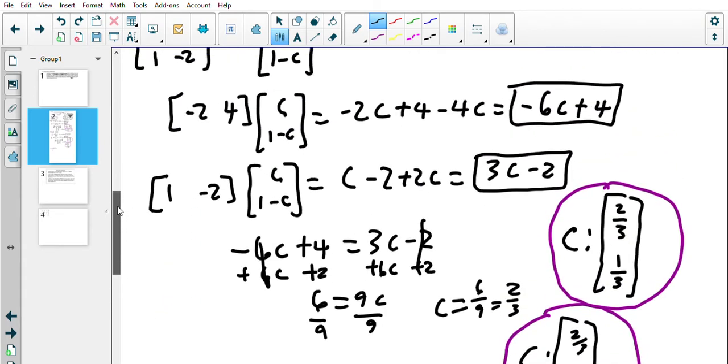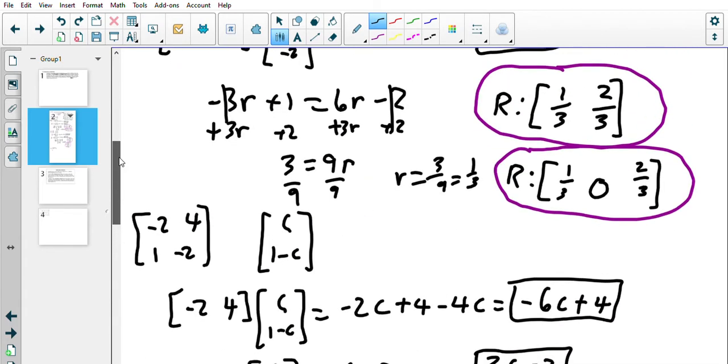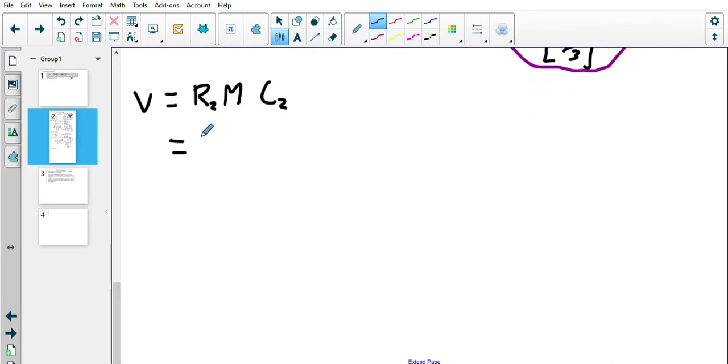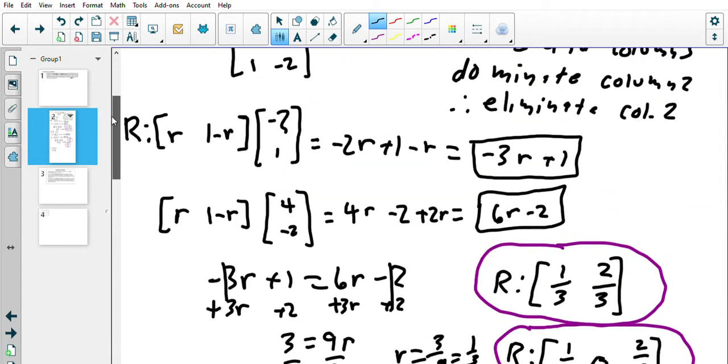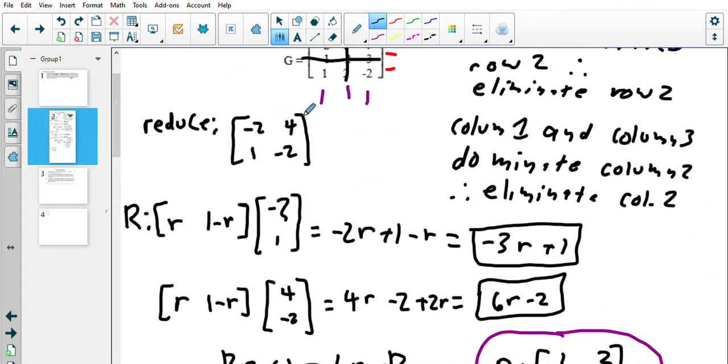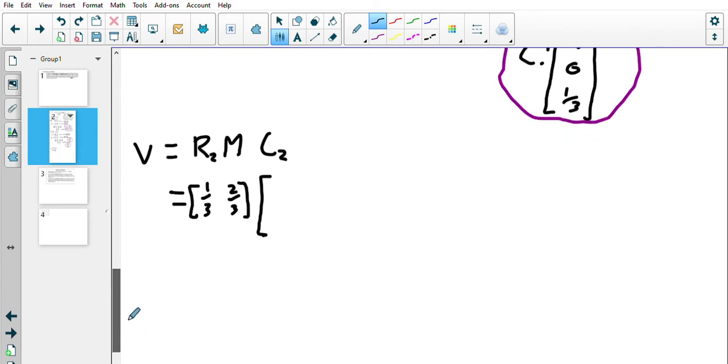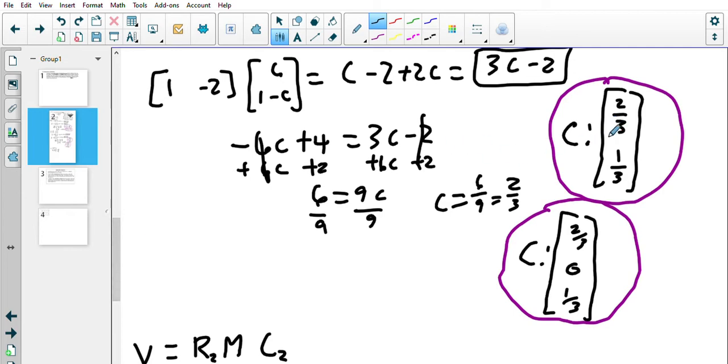So if we did that, it would look like this. Our 2 by 2 row was 1/3, 2/3. Our reduced matrix, that's this, -2, 4, 1, -2. And our reduced column, our 2 by 2 column, our two choice column, 2/3, 1/3.